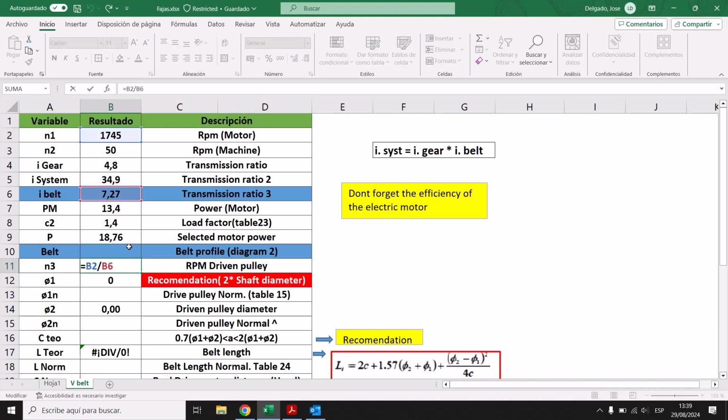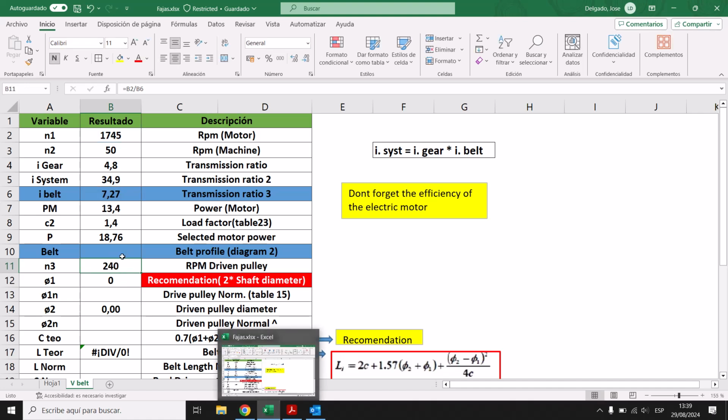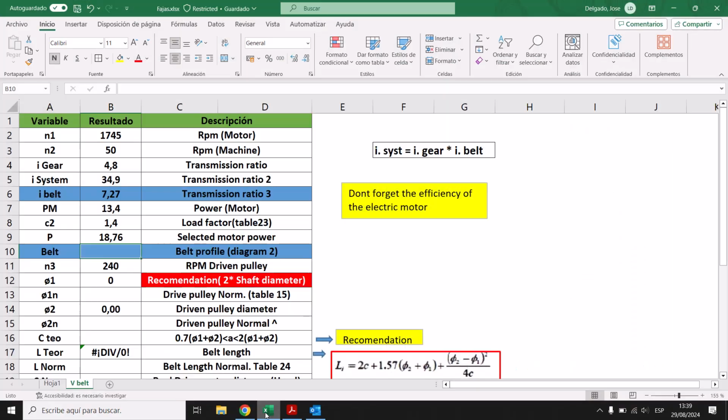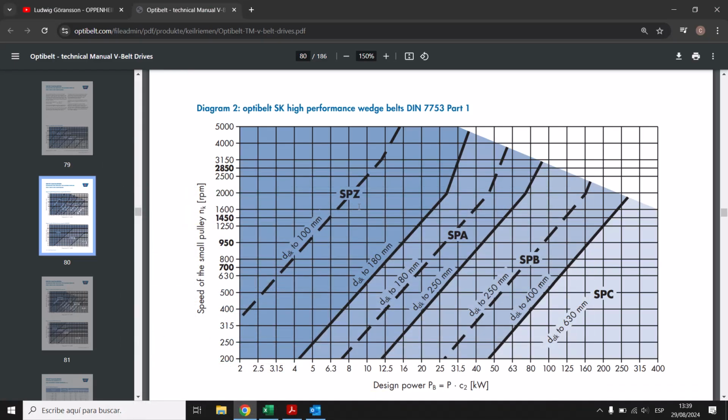We have the ratio, the speed of the belt. This we have 240 volts. So we should just select. We are here. Try to put this on a line right here. Maybe you can see. At the first speed, you have 1,000. Oh, yeah, 1,700. It's here, almost here. So we have SBZ.